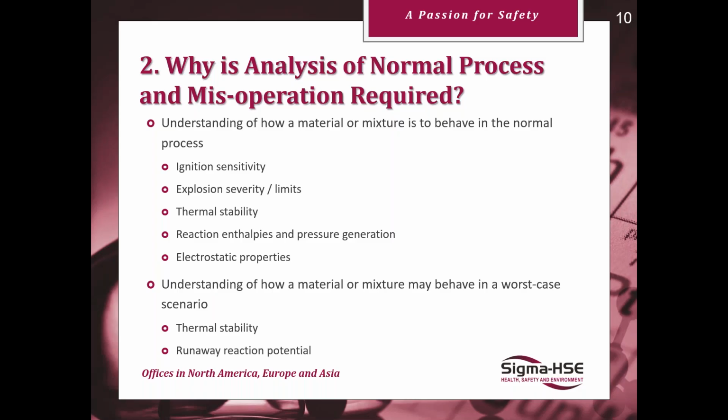If any materials are going to be intentionally heated up, then we should know what is the safe limit to actually heat these materials to without causing decomposition. And then in reactive systems, if we're going to mix certain reagents together, we should have full understanding of the reaction enthalpies that will occur, and additionally any potential for pressure generation, again by vapor pressure or production of gas byproducts or products.